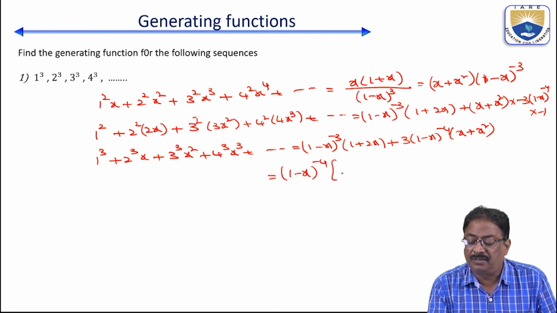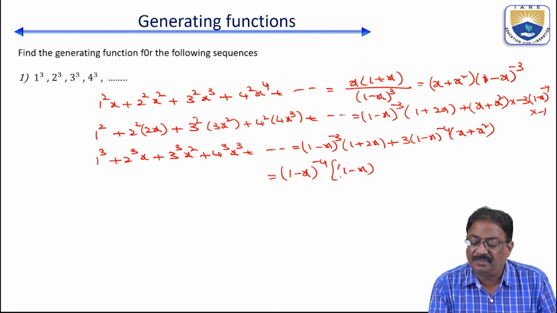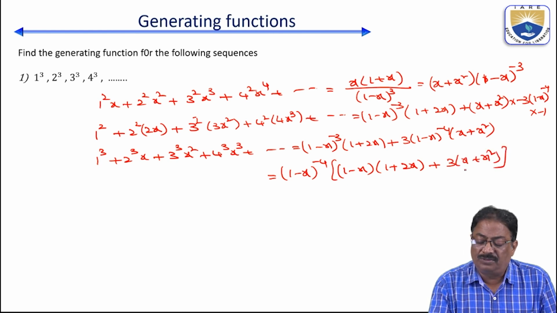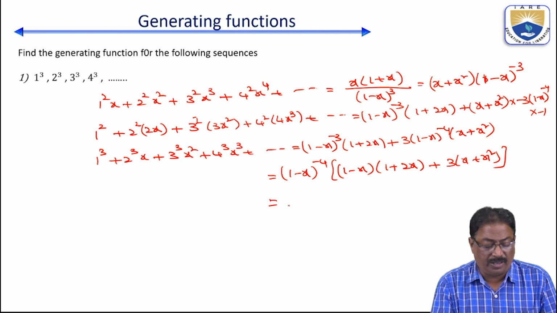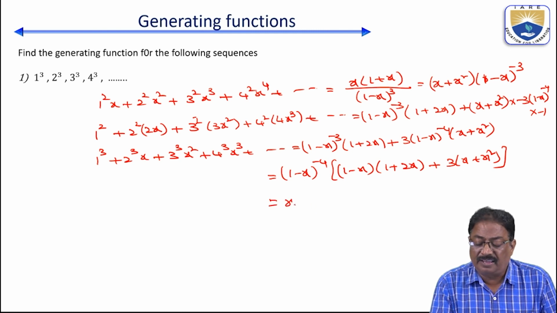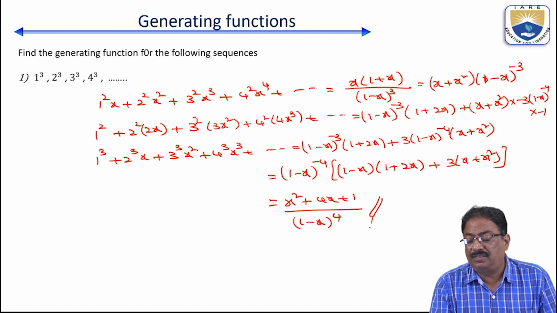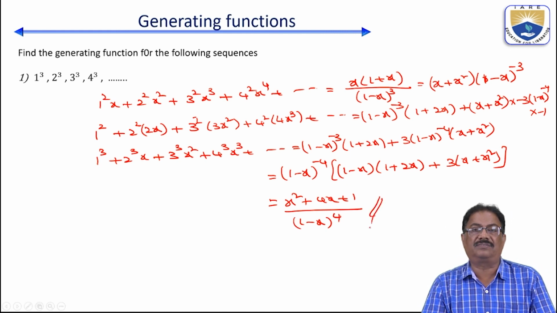I just took common, so it is (1 minus x), next 1 plus 2x, then 3 into x plus x squared. So after simplifying this, we are going to get this as x squared plus 4x plus 1 by (1 minus x) whole to the power of 4. This is the generating function for this sequence.